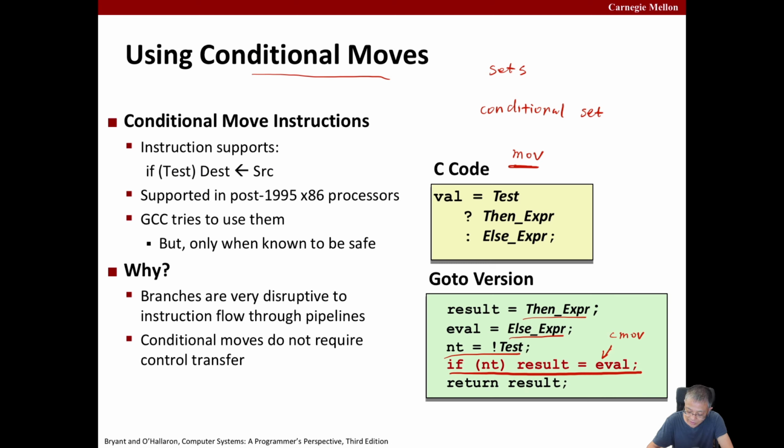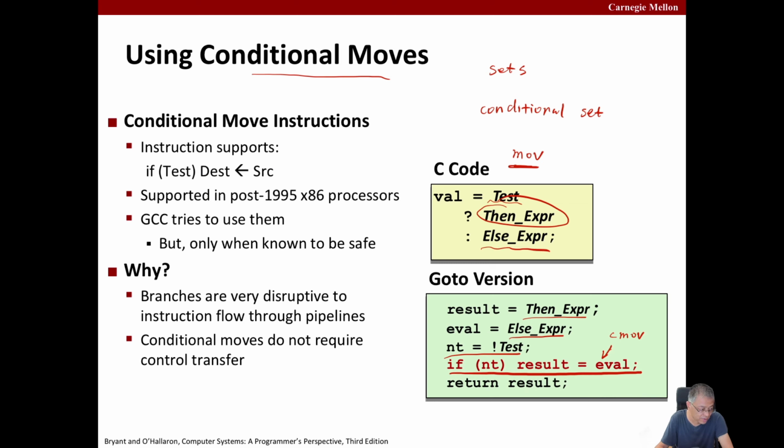Normally we initialize the result to be the then expression. Then we test the condition. If the condition isn't satisfied, we assign the else expression to the result. Then we can return the result.